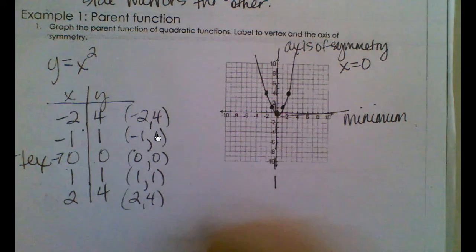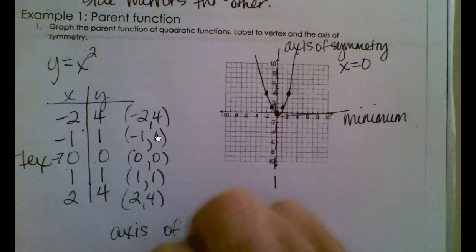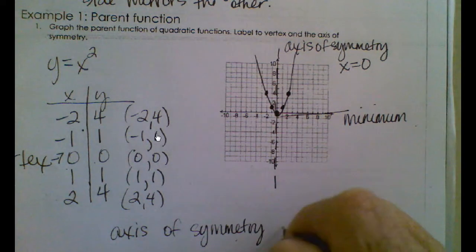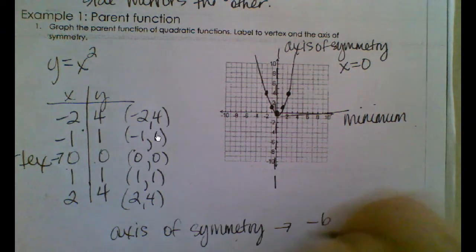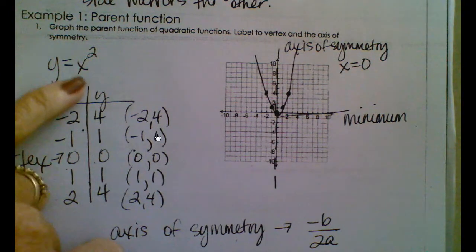So the axis of symmetry actually has its own little formula, and it's really easy. Axis of symmetry, which is negative b over 2a. Okay? So I want you to look at that parent function, okay?